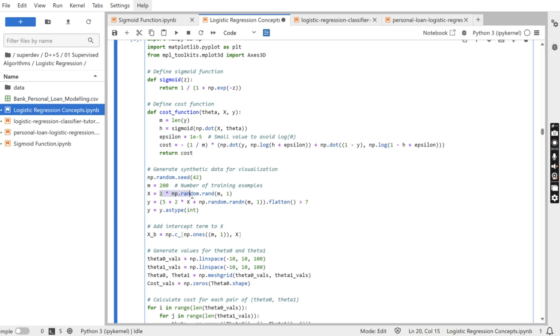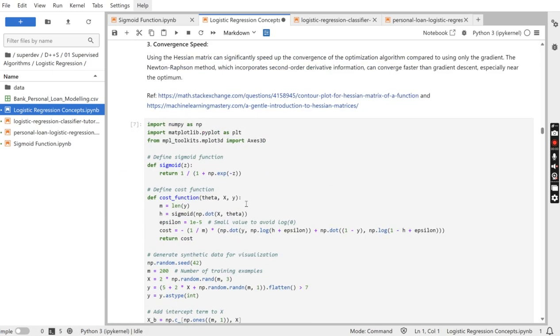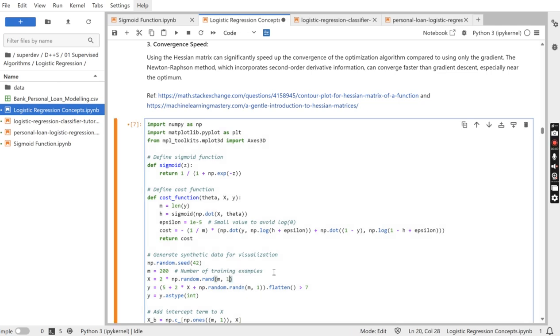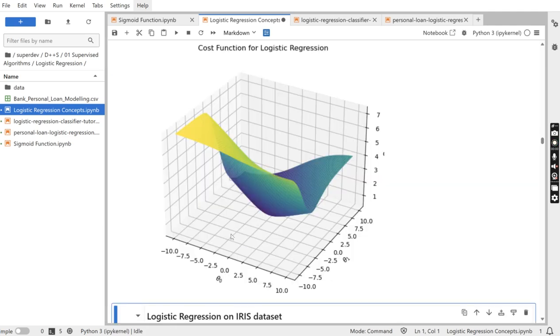Now this equation is, two random values are initialized for m and one value is added. Let me make it 3. I'm slightly modifying it just to show you what the cost function looks like. Let me change the equation here. Now see, it tilted, it went in a different direction.